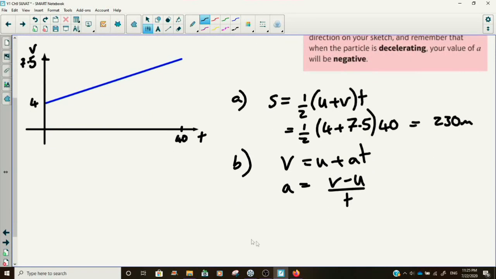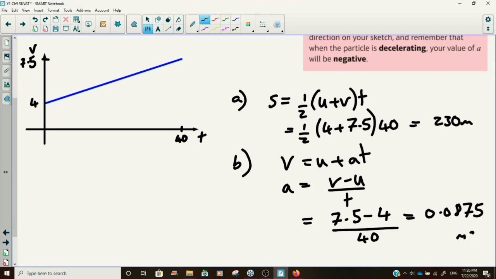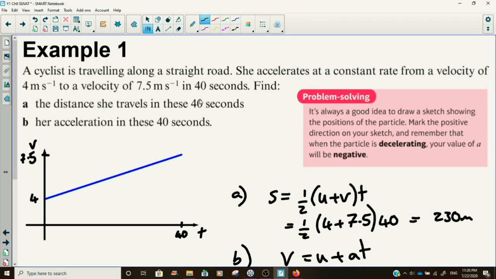Just like that, we're going to have the final velocity minus the initial velocity over that 40-second time period. And that gives you a value of 0.0875. I'll put the units underneath. So there you have those two parts of example 1.